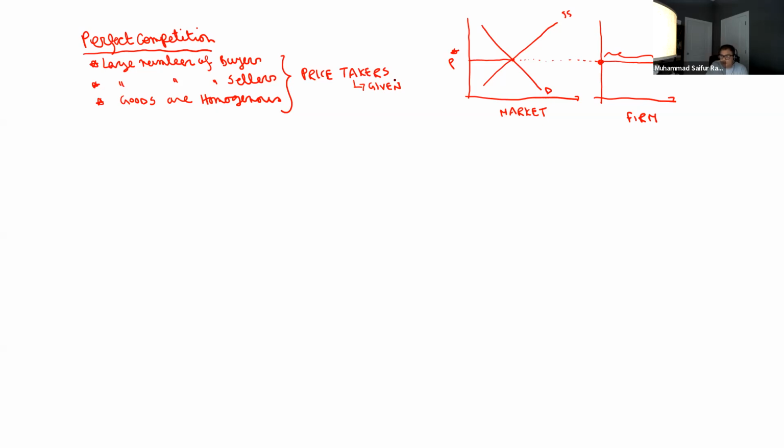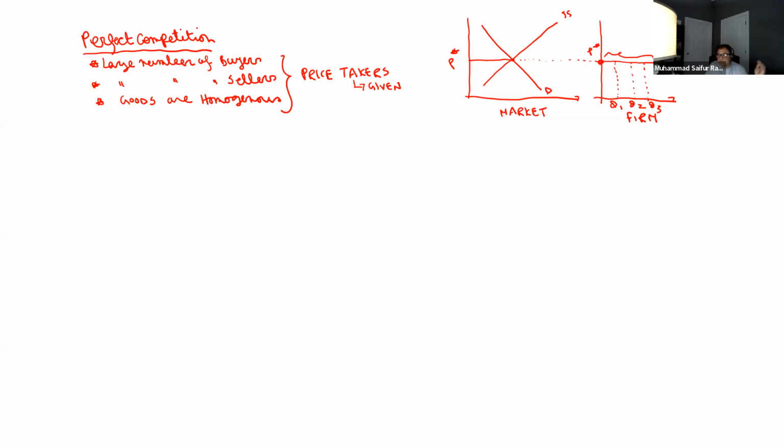Now, this is very, very important because this tells us that our firms cannot really control the market price. They take the market price as given, and at that market price, a firm is allowed to produce and sell any quantity of output because the demand the firm faces at that market equilibrium price is indefinite.